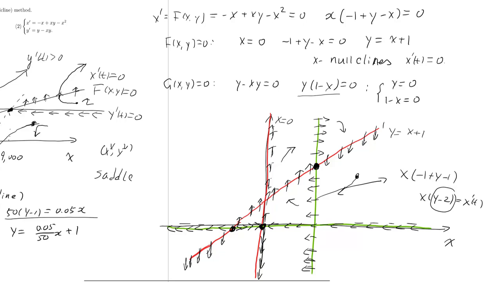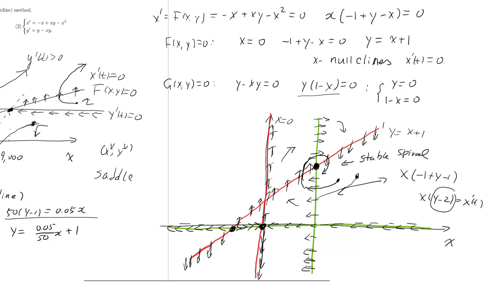So if you have an initial value over here, it's going to cross over here, and then it's going to go up, and then it's going to go left, and then it's going to come down and spiral in. So this one over here is a stable spiral.